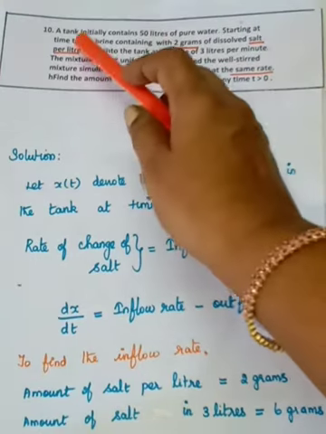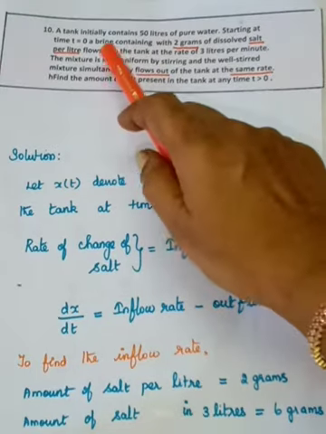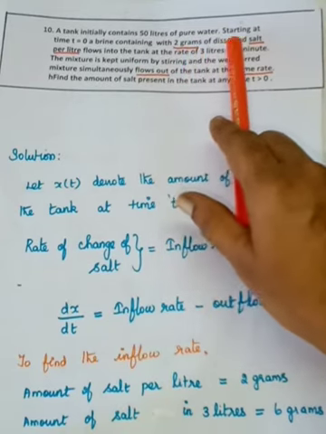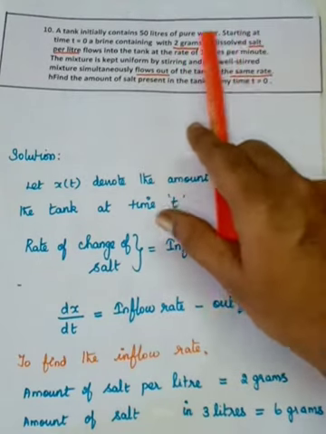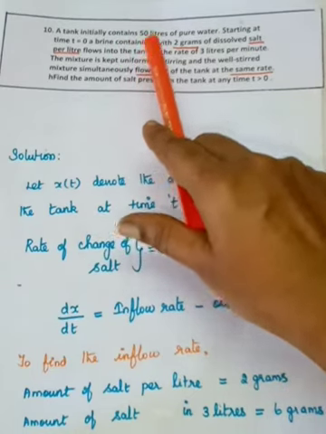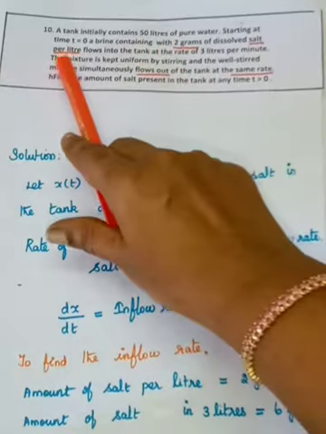So when t is equal to 0, a brine is nothing but a high concentration solution of salt, that is NaCl solution. That brine contains 2 grams of dissolved salt per liter.